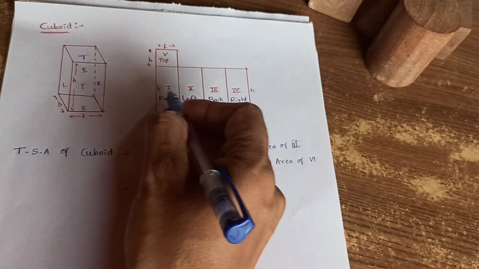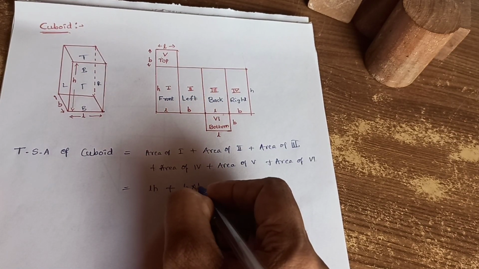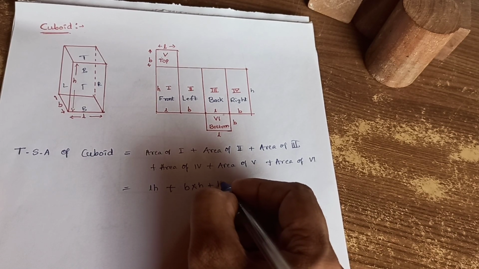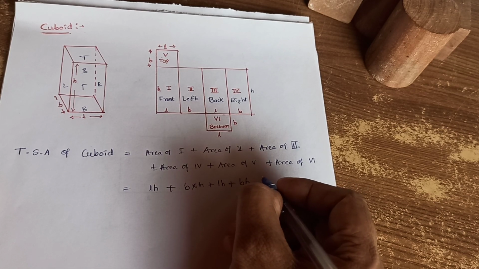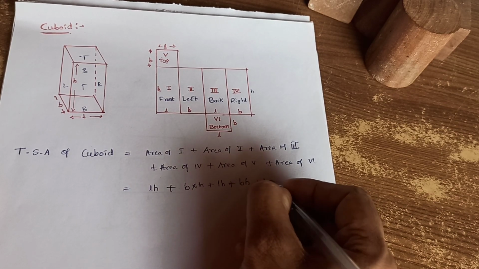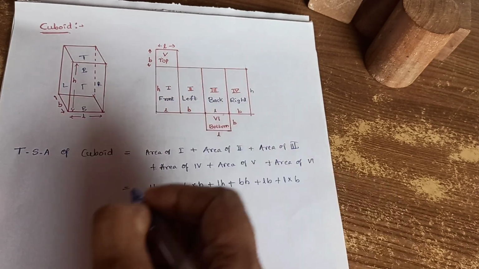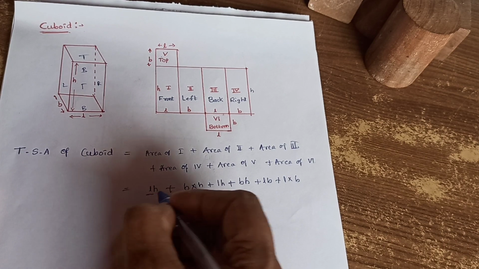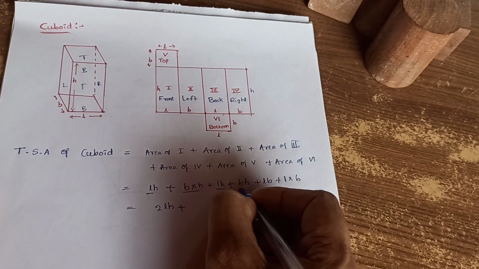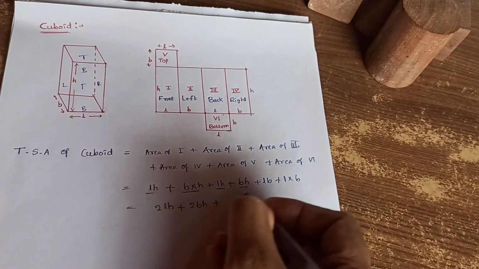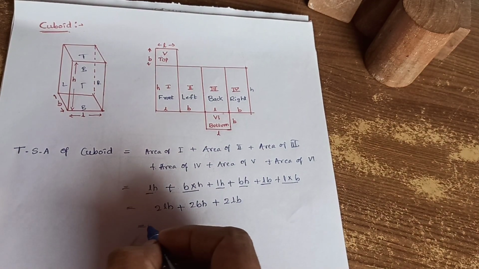So H will be the same everywhere here. So LH plus BH plus LH plus BH, the fifth one is L into B, plus the sixth one L into B. So 2LH plus 2BH plus 2LB.